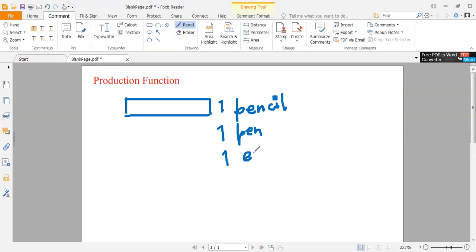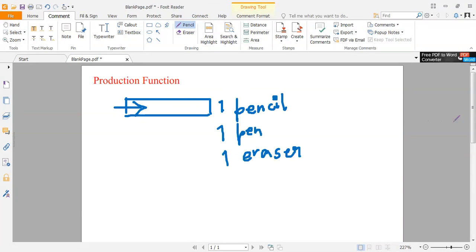Let me just write that down. That is what I need to produce my pencil box. Let's say I also buy some pencil boxes from another stationery shop and just resell them. So this is essentially what I need to produce my pencil box.